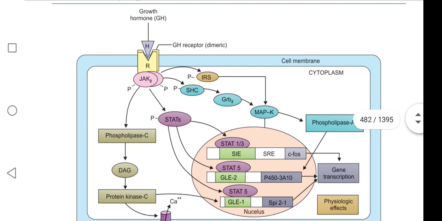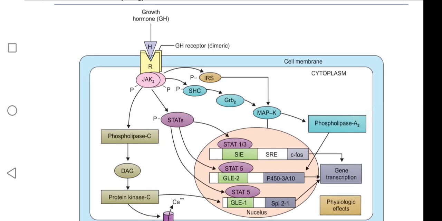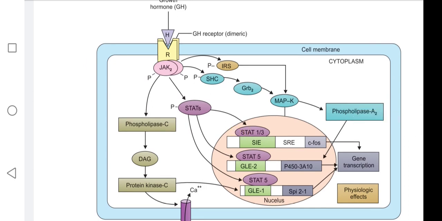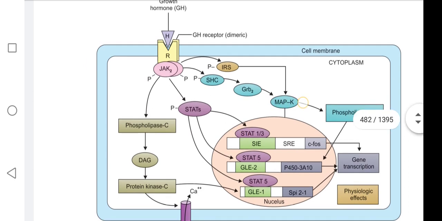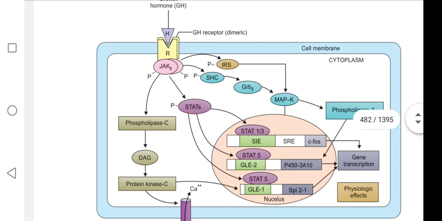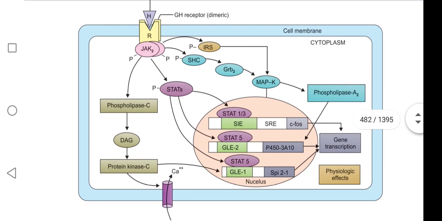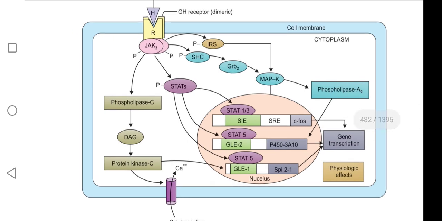JAK2 phosphorylates the SHC and it activates the GRB2, and GRB2 stimulates the MAP kinase. MAP means mitogen activated protein kinase, that induces the various gene transcriptions, maybe directly or by activating the phospholipase A2.